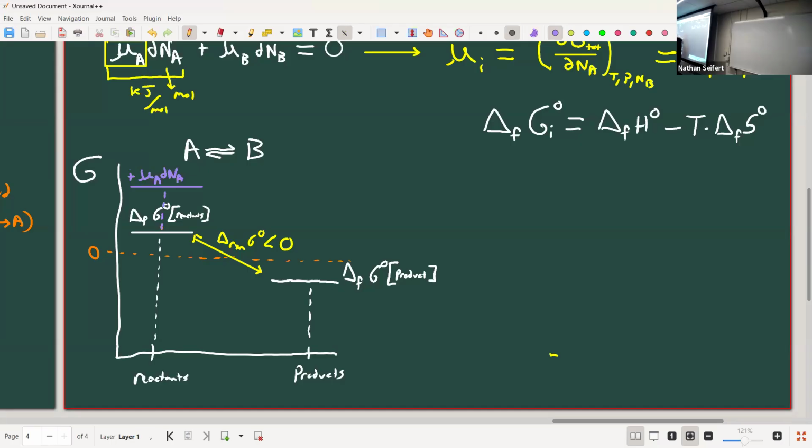This mu A is this number. And so that's a positive number, right? So the energy increases for the reactants as I add reactants. But at equilibrium, what has to happen? Well, at equilibrium, any positive change on the left side is compensated by an equal and opposite change on the right side.